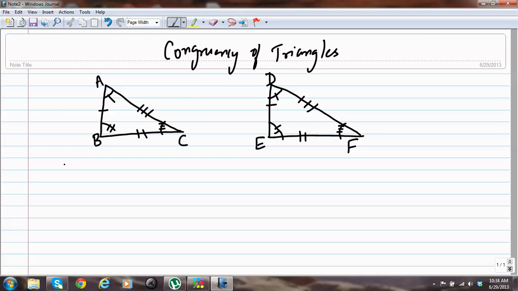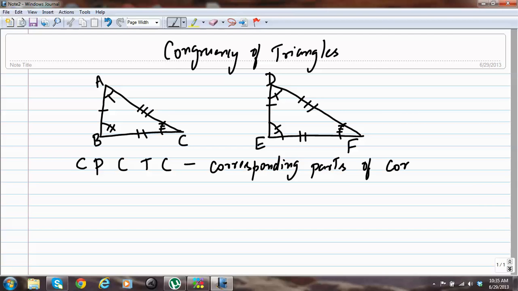Now, to understand this, there is an abbreviated term called CPCTC. This means the corresponding parts of congruent triangles are also congruent.